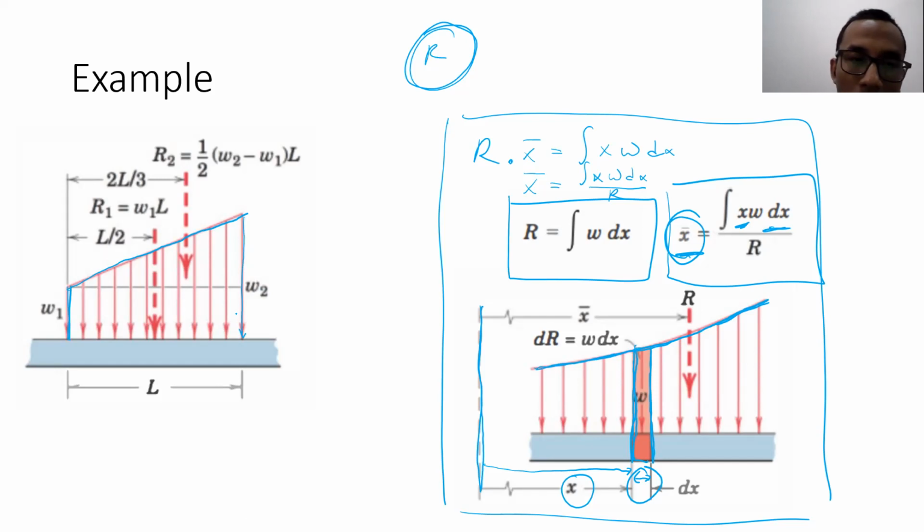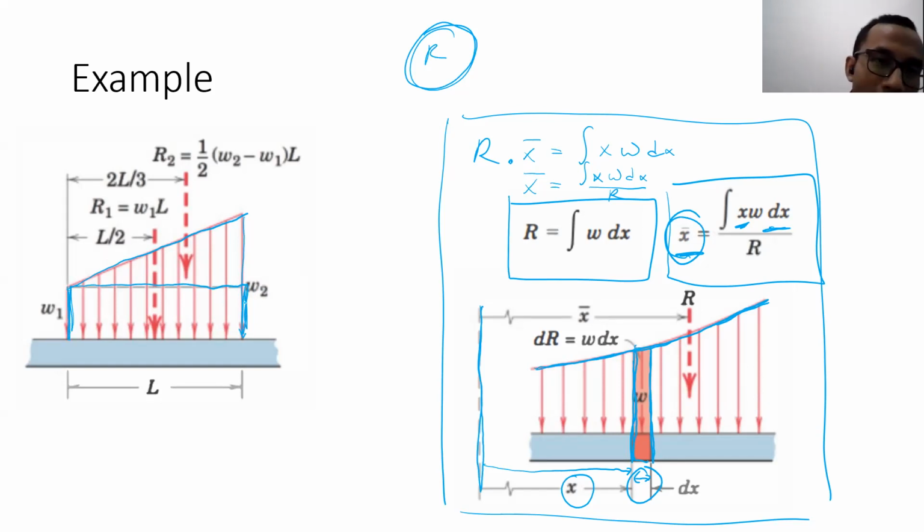One thing we are supposed to do to handle this: we know there is a combination of rectangle and triangle, so we can divide it into two. The first one is the rectangle, for which we know R and X bar.